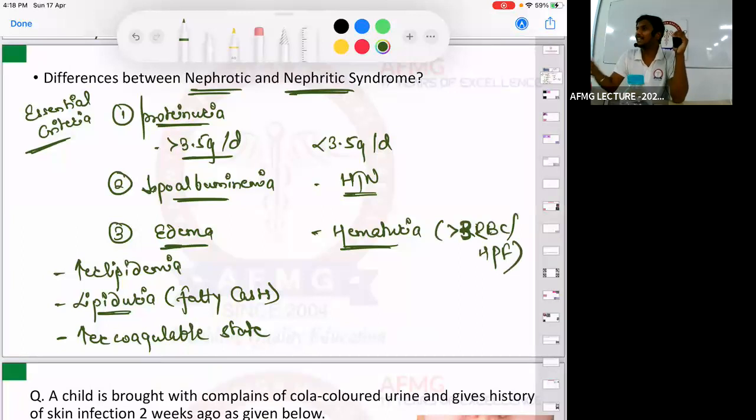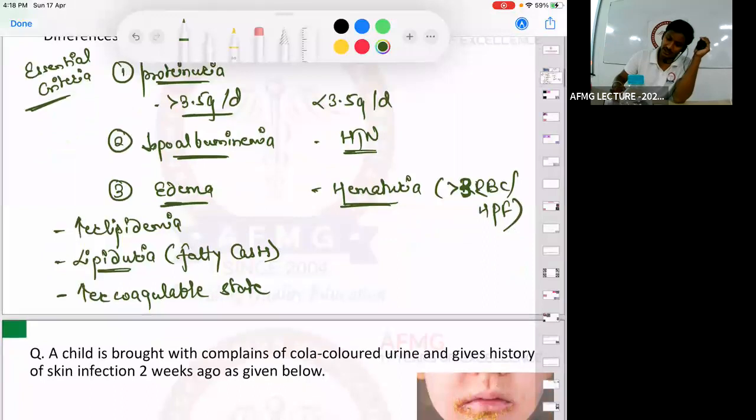Okay? So if hematuria hai, you will call it nephritic syndrome. Edema, hypertension, hypoalbuminemia, proteinuria more than 3.5 grams, proteinuria less than 3.5 grams, no issues with this. Done. So यही important features से याद रखना.